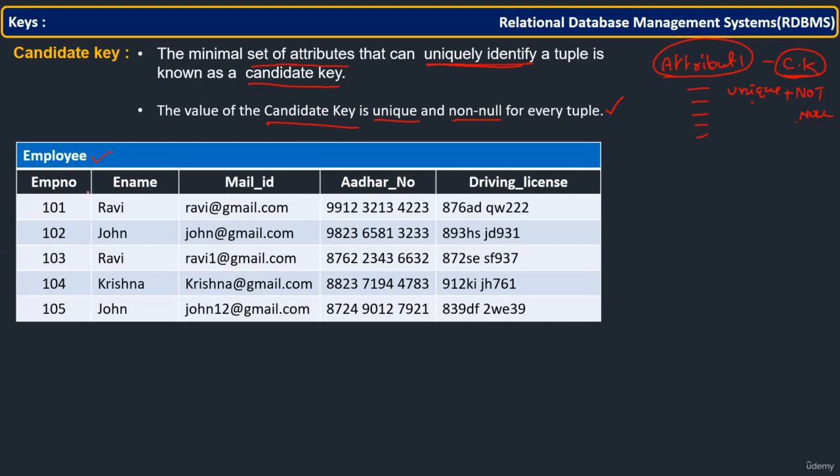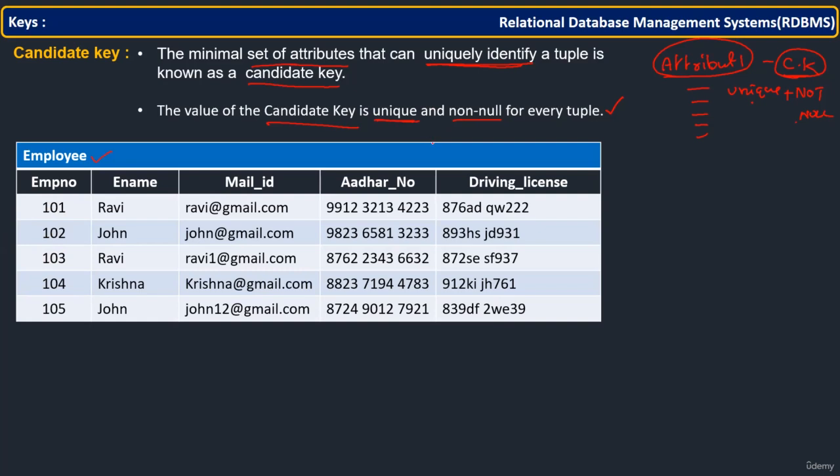Now in this, if you observe, every employee is going to have one unique number, right? That is the unique ID he is going to have. No two employees are going to have the same number, the same ID. So this is satisfying uniqueness, and no employee is going to have a null value. That means every employee definitely has one ID, one number.